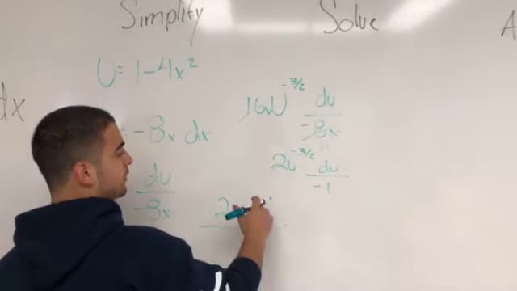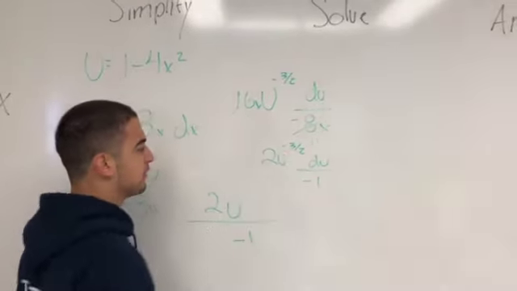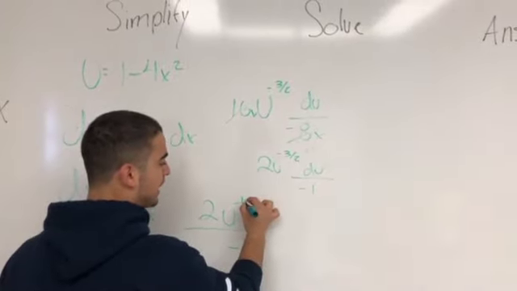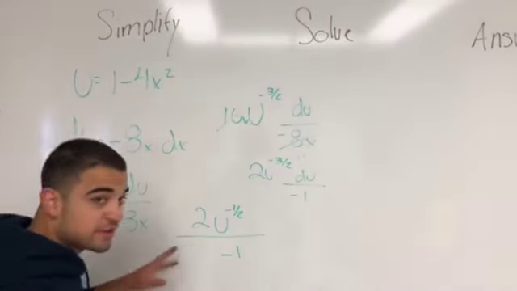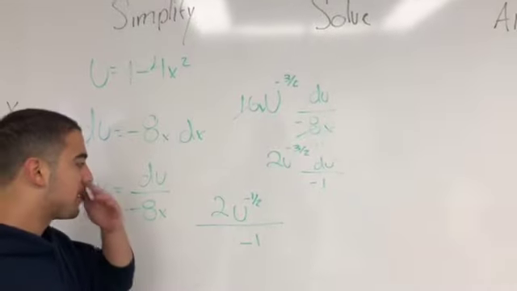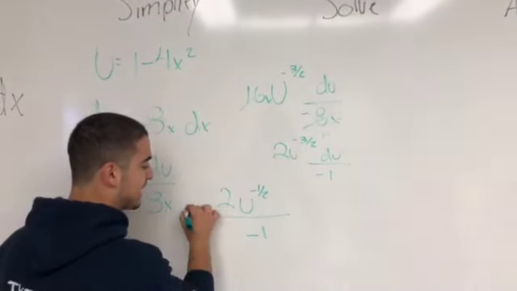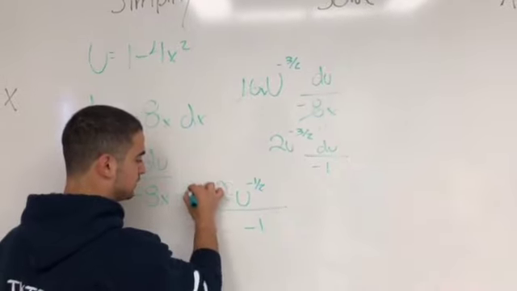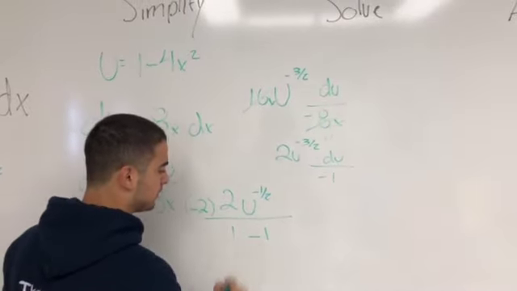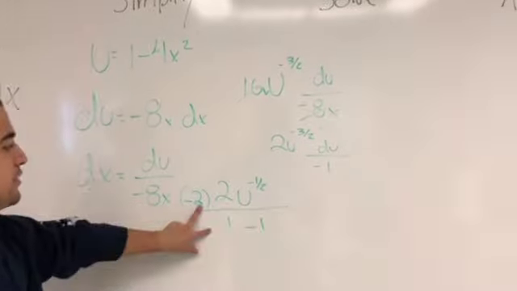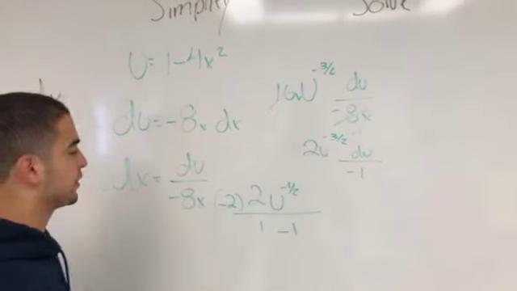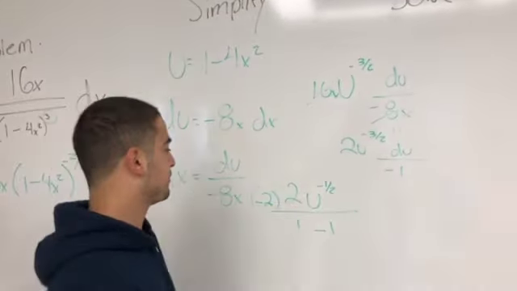What's the antiderivative of u to the negative 3 halves? It's negative 1 half. We do the same at the bottom. As a reciprocal, we multiply by the negative 2, and we lower the 1. So this is the reciprocal of the fraction, the u.